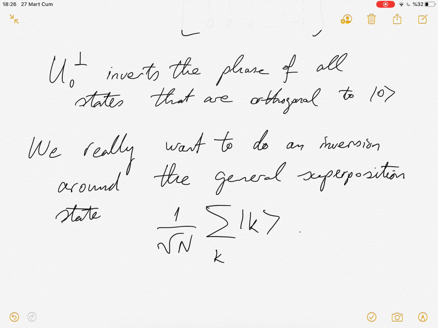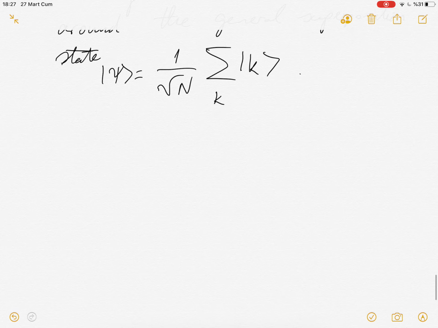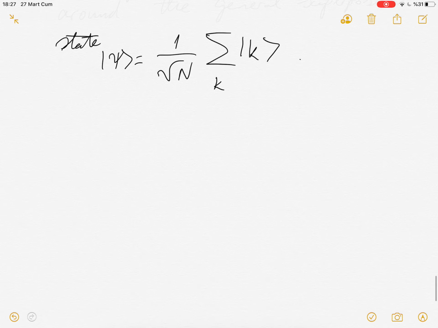And as I mentioned earlier, we can simply do this by transforming this superposition state psi to all zero states. And then now that we have done a basis change, we can do an inversion around 0, and then again transform the basis 0 back into psi. Okay. Now for this we define the operator for this basis change.